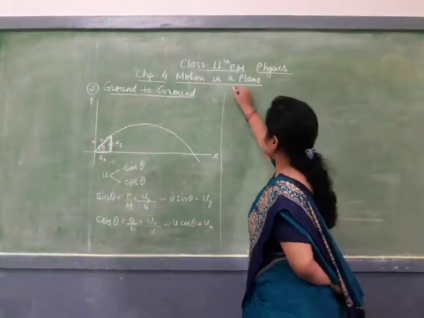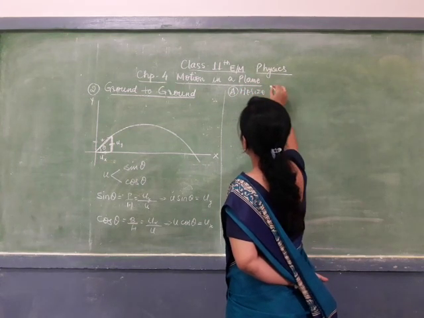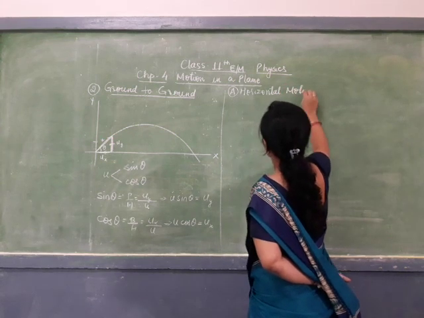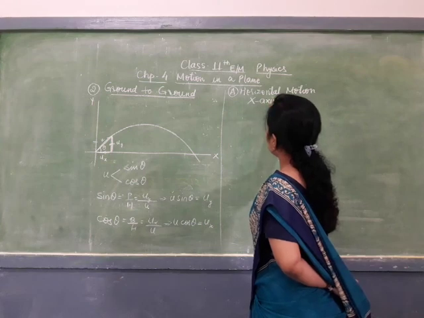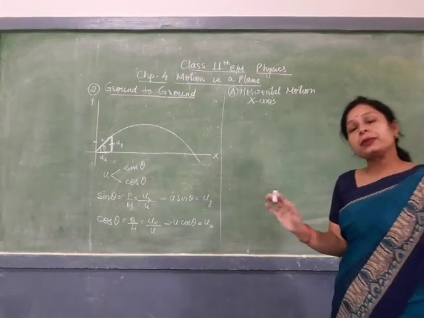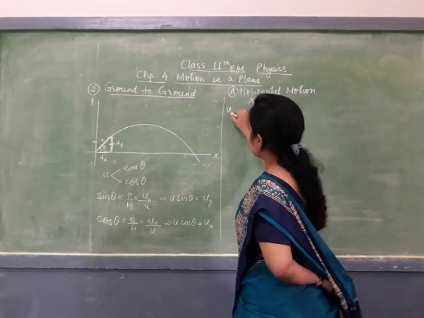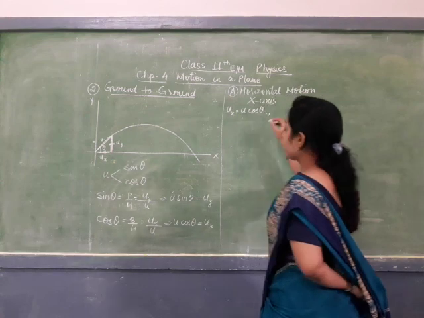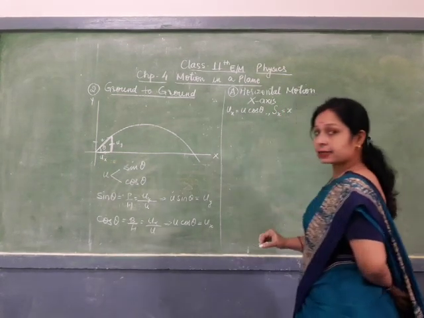So first I am finding out the horizontal motion, that means a body which is moving with respect to the x-axis. Everything will be considered with respect to the x-axis. That means initial velocity ux will be taken as u cos theta. Displacement sx will be taken as x.